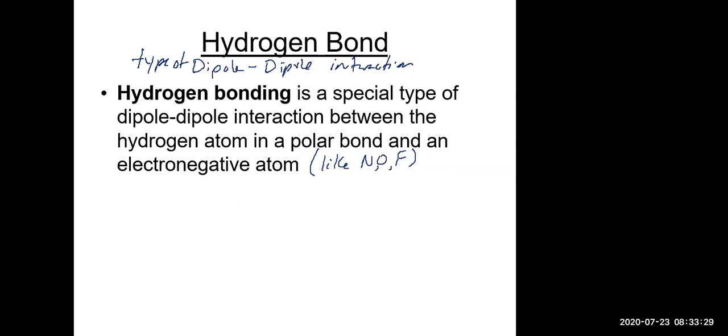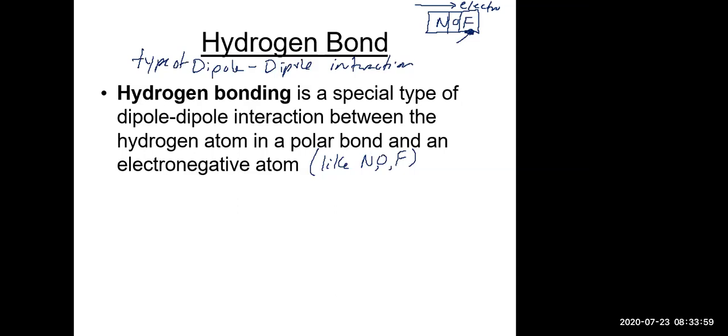And there's a reason for that. If you look at the periodic table, and look at where those atoms are, we have nitrogen, oxygen, and fluorine. And if you remember about bonding that we talked about, as we head this way, the electronegativity increases. And fluorine is the most electronegative atom you could have.